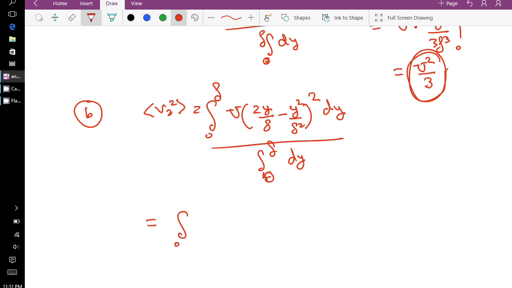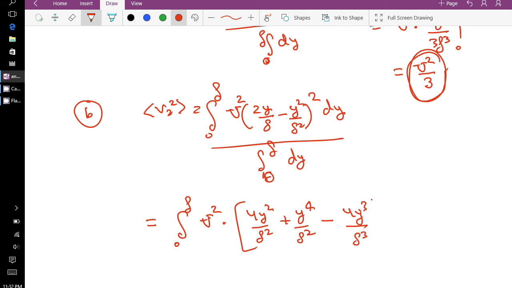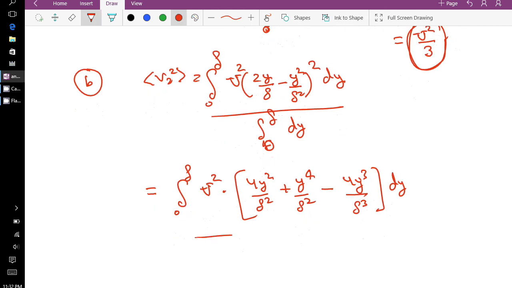We just expand the square, so that will become u square, because it was the whole square, into 4y square by delta square, which is the square of this term, plus y4 by delta 4, minus 4y cube by delta cube. This is how we will open up this square which is in the brackets.